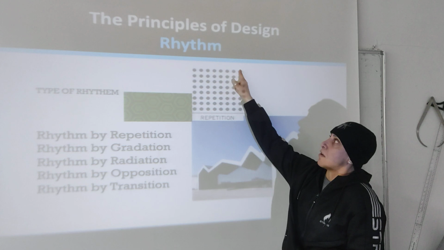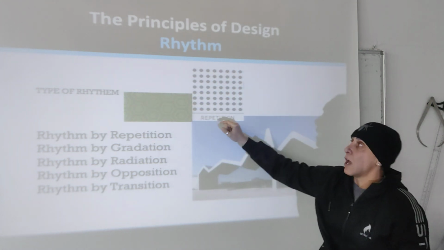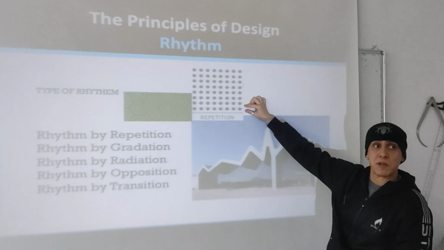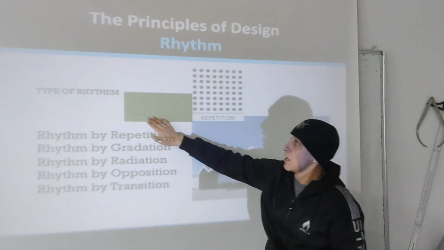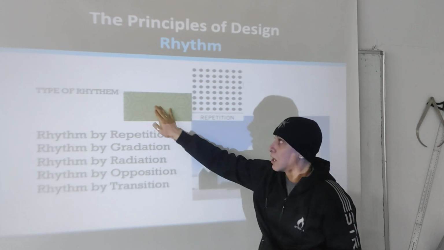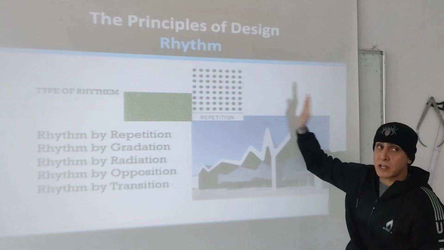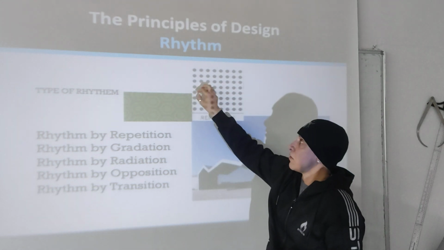They are repeated. Here also repetition. This is a linear repetition. So the circles are horizontally, vertically repeated. Here also, but because of the shape type, which is a hexagon, it creates this kind of repetition. But the same shape repeats. Here the same thing.